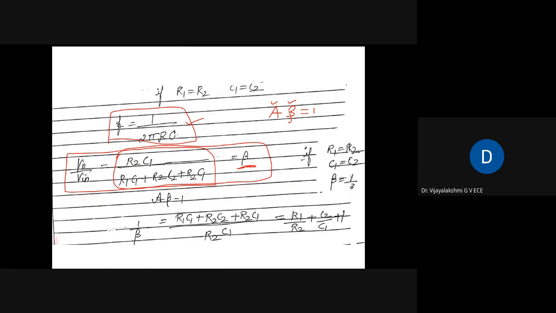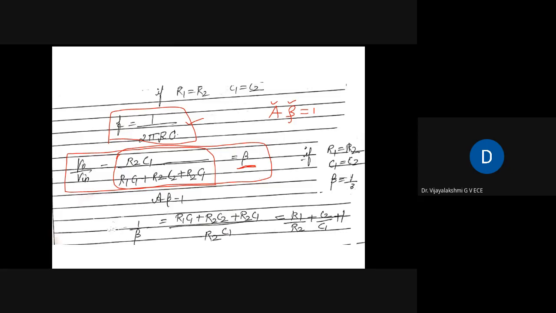Now if beta is equal to the ratio of this, what will be 1 by beta? Same thing, you invert. So if I invert, what is happening? R2C1 is going to the denominator, and in the numerator I have R1C1 plus R2C2 plus R2C1. So if I divide every element, I am getting here C1 will get cancelled, right?